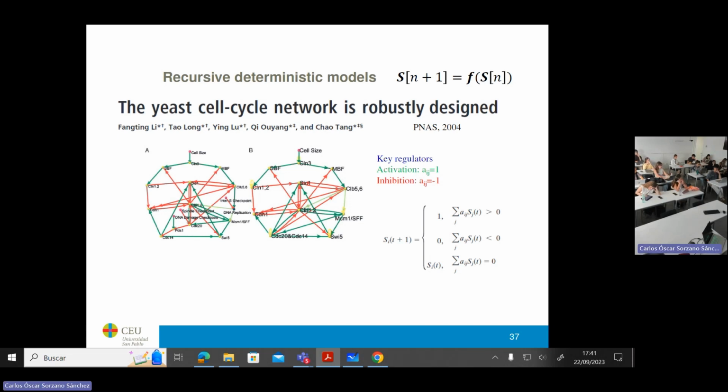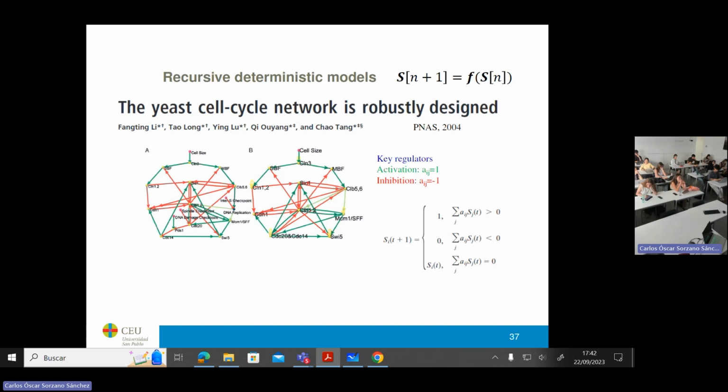And then you do the following. You are at the current state, you take this node, you see all the connections, and you make this sum. The states are either 0 or 1, so either they are 0, inhibited, or they are 1, activated. And then these A's are also +1, -1.